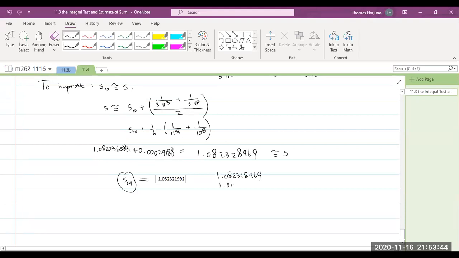The sum up to 64 terms is 1.0823219927 46. So it is accurate to 5 decimal places. Not bad.